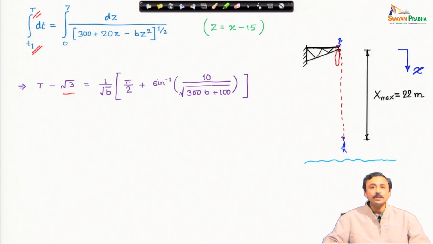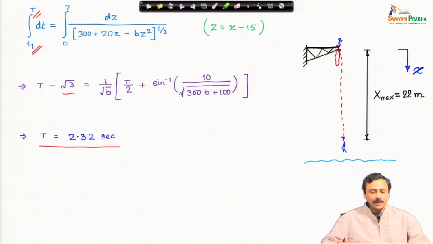So, z remember is x minus 15. So, there is a drop of 7 meters beyond the free fall. So, from here you get t as 2.32 seconds. So, I will suggest that you redo this problem yourself and match with the results.